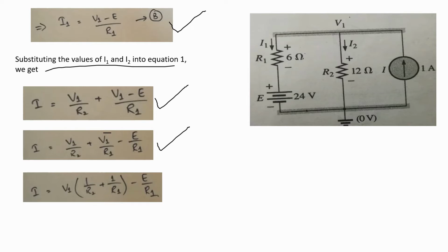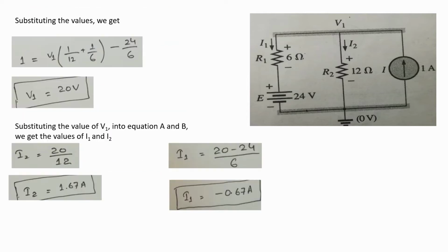Now taking V1 as common, you will get I is equal to V1 into (1 by R2 plus 1 by R1) minus E by R1. This is the simplified equation. Now, when we apply the values of I, R2, R1 and E in that equation, you will get the value of V1, which is equal to 20 volts.